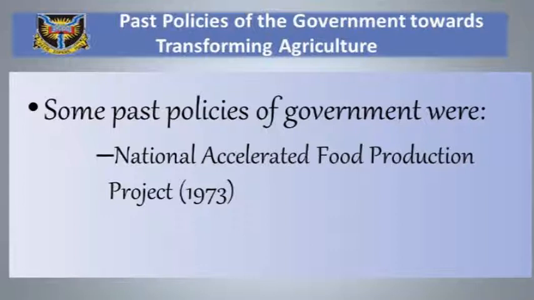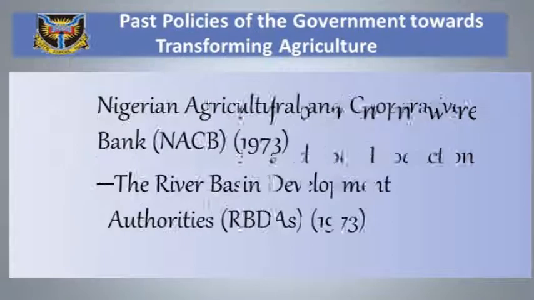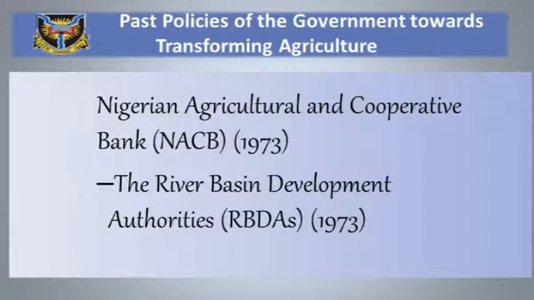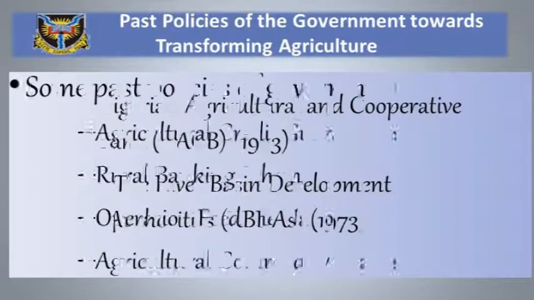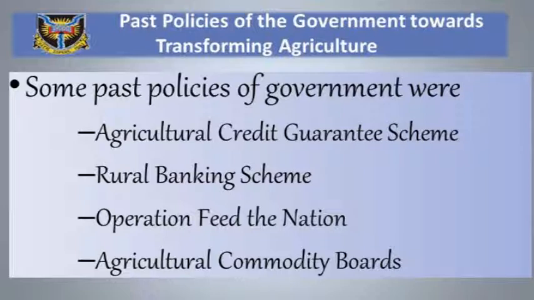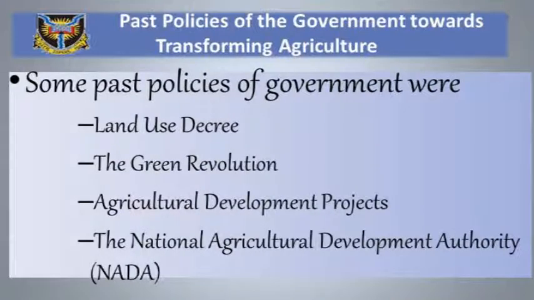Some of the discussed policies include: 1, National Accelerated Food Production Project, 1973. 2, Nigerian Agricultural and Cooperative Bank, NACB, 1973. 3, the River Basin Development Authorities, RBDAs, 1973. 4, Operation Feed the Nation. 5, Agricultural Credit Guarantee Scheme. 6, Rural Banking Scheme. 7, Agricultural Commodity Board. 8, Land Use Decrees. 9, the Green Revolution. 10, Agricultural Development Project. 11, the National Agricultural Development Authority. Which of these policies will you ascribe as the most effective?